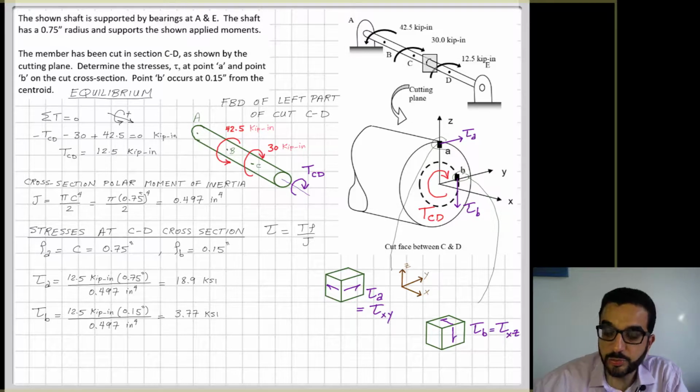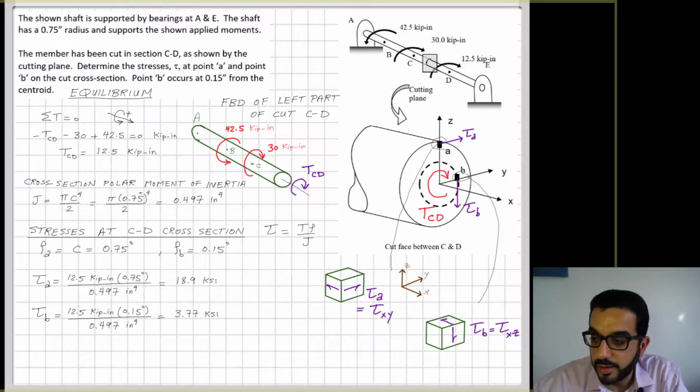So tau will actually be pointing down now. And if I draw the stress block at B, this tau going down is called tau xz. Tau x, because the surface is perpendicular to the x-axis, and down is in the line of the z-axis, so this is called tau xz.